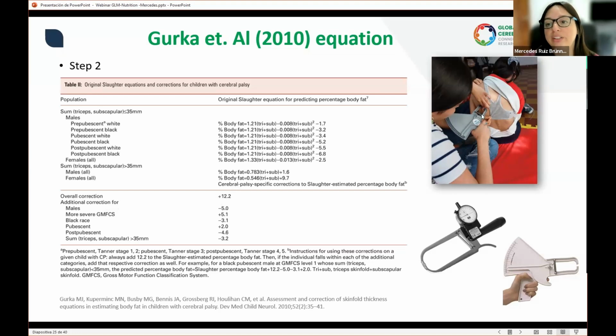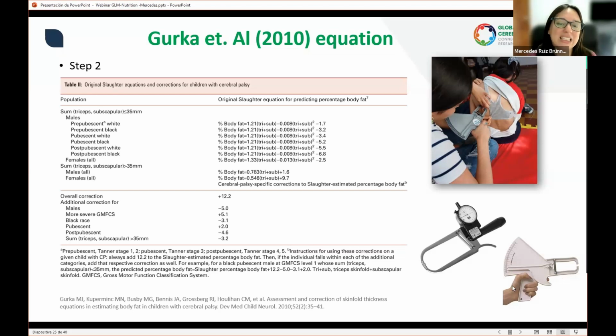To measure the skin folds, we can use equipment that is sometimes a bit more expensive, like these Harpenden skin fold calipers that are a bit more complicated, but we can also use the plastic ones, which have shown really good results. They are easy to use.